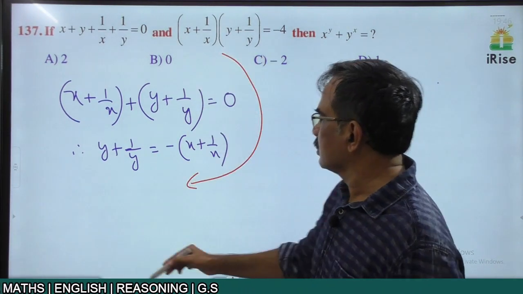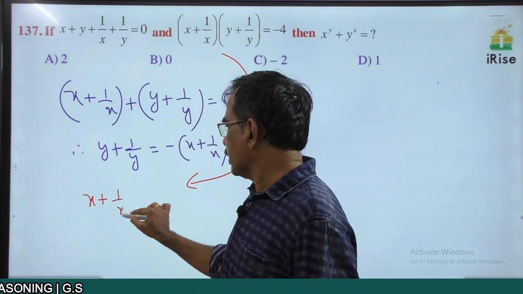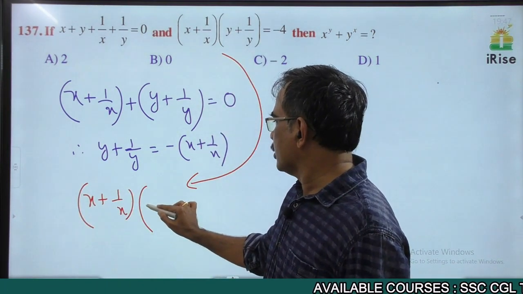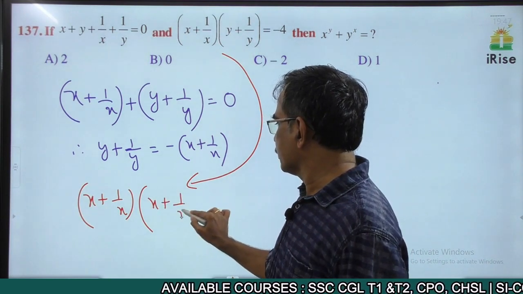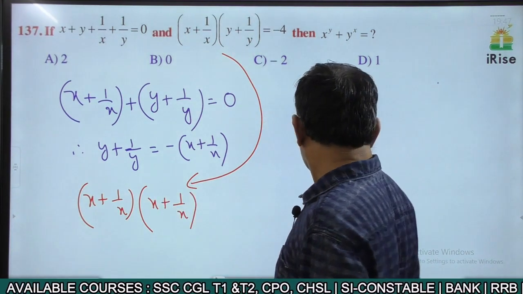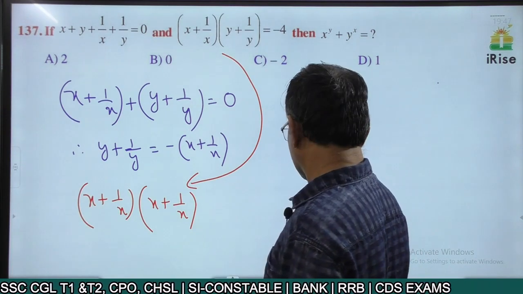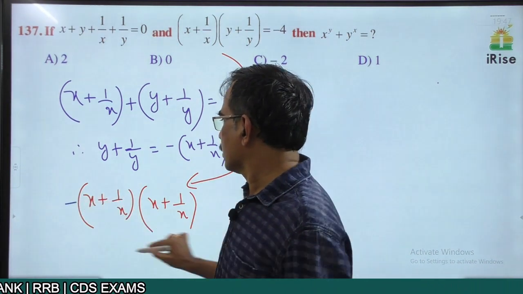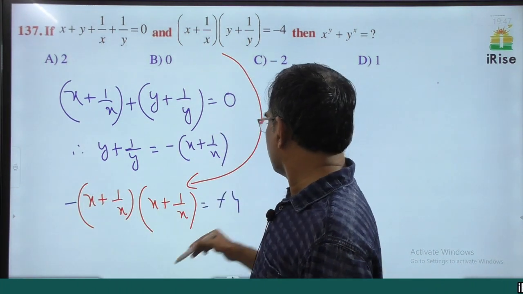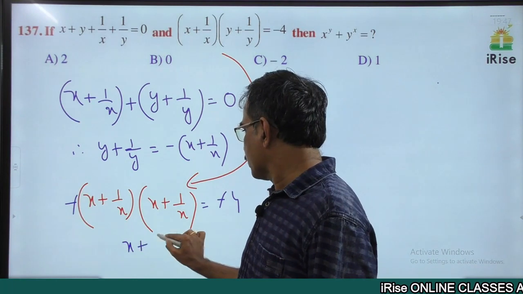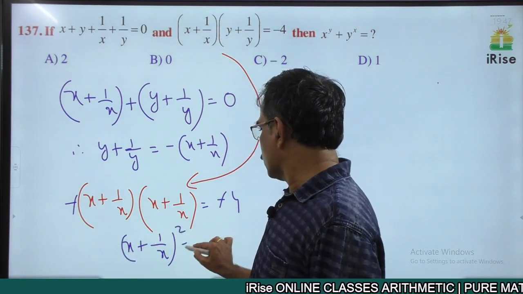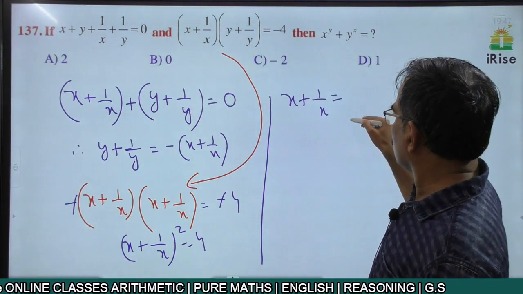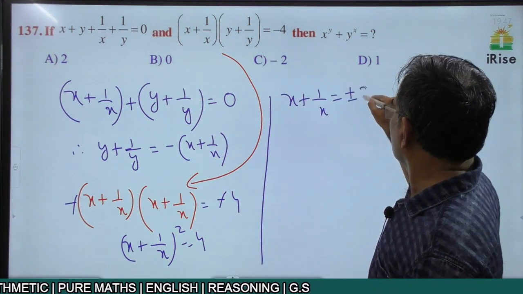This can be written as x plus 1 by x into, in the place of y plus 1 by y, minus of x plus 1 by x is equal to minus 4. Here minus minus cancel. x plus 1 by x whole square is equal to 4. So therefore x plus 1 by x is equal to either plus 2 or minus 2.